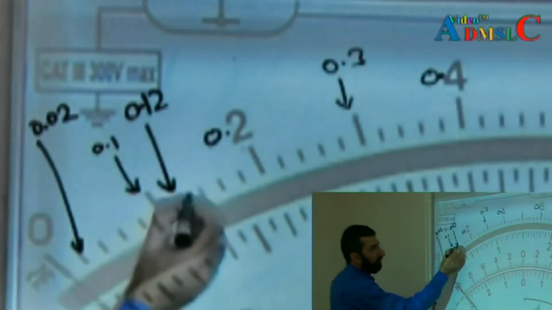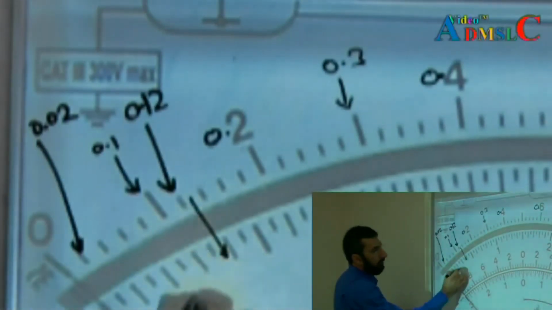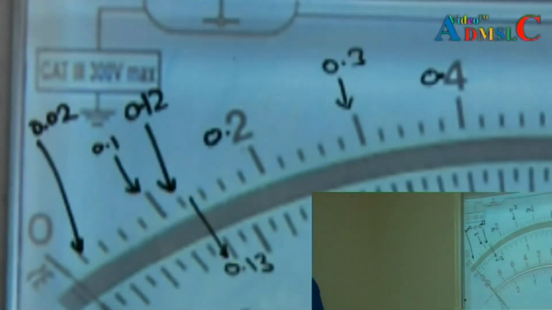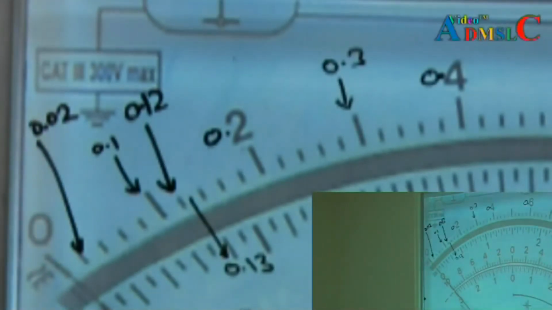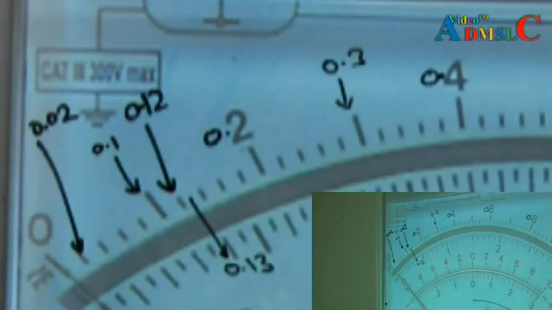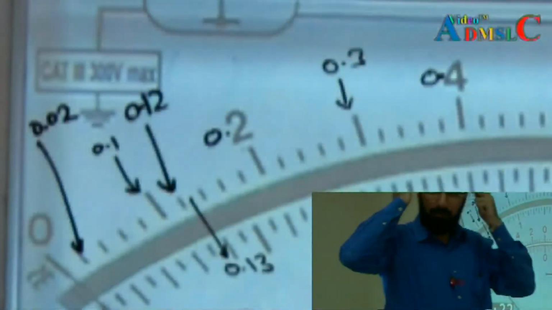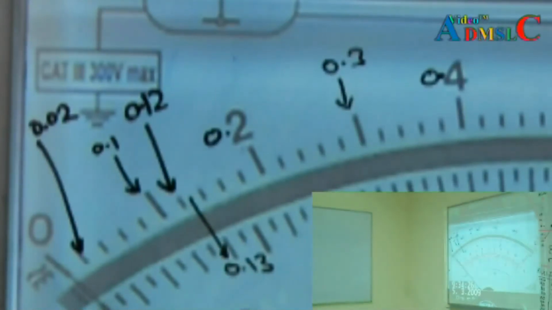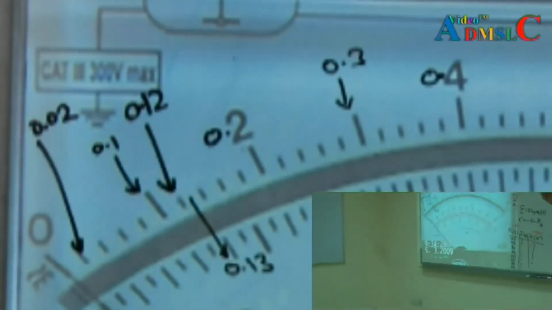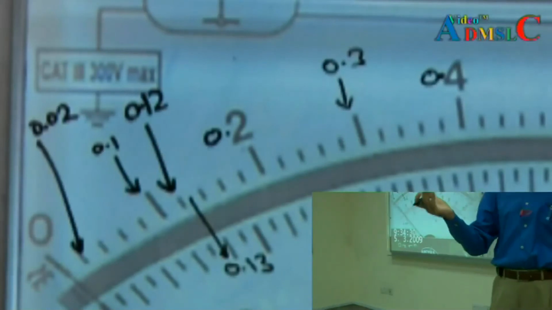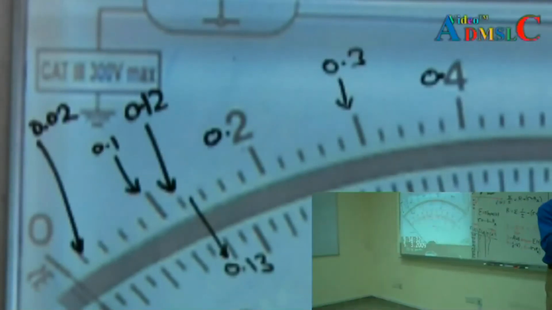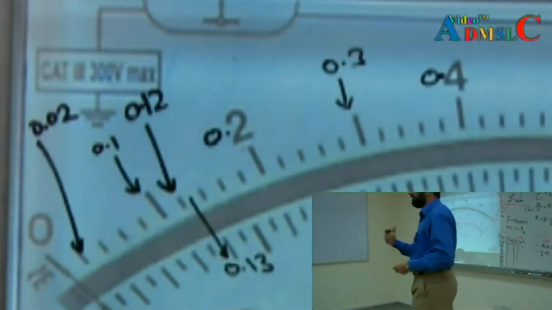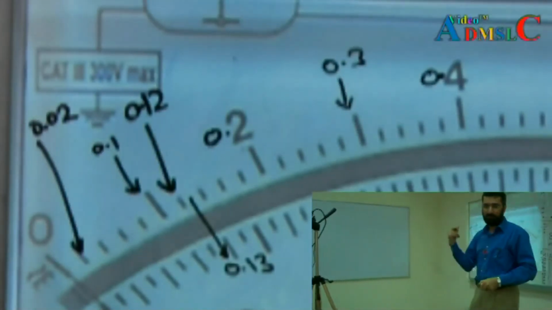In between this one, this is 0.13. Just to know how to read. I should program my mind to read it like this. I see some numbers, but they are not the actual numbers. I should divide by 10. So without dividing by 10, just keep in mind that this 2 represents 0.2, 0.4, and so on, so you can take the reading easily.